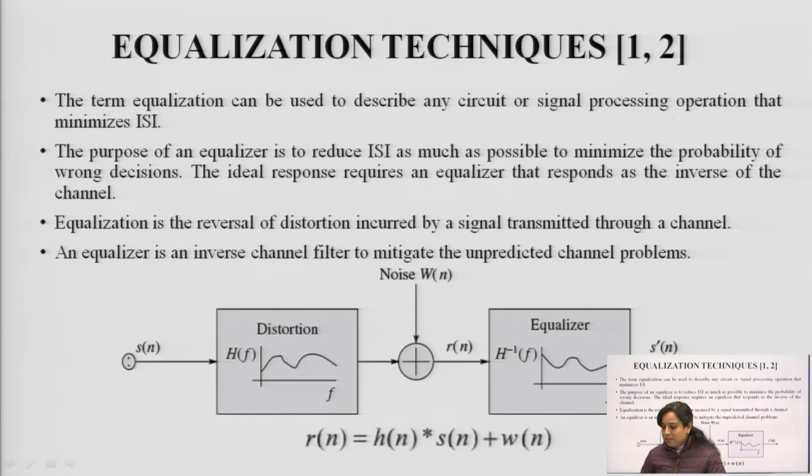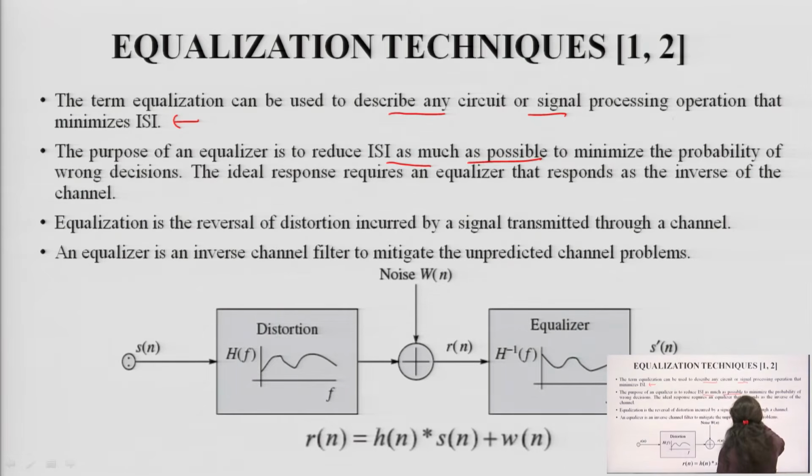Now, next is equalization techniques. The term equalization can be used to describe any circuit or signal processing operation that minimizes the inter-symbol interference, ISI. The purpose of an equalizer is to reduce ISI as much as possible to minimize the probability of wrong decisions.